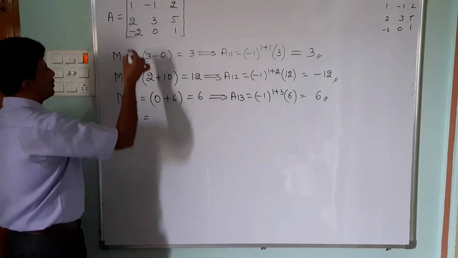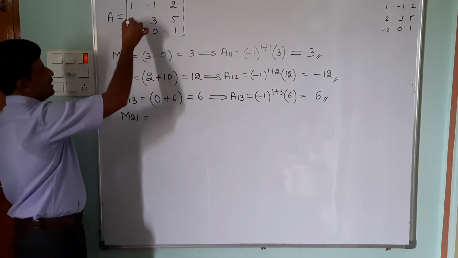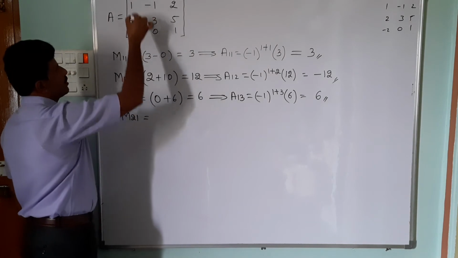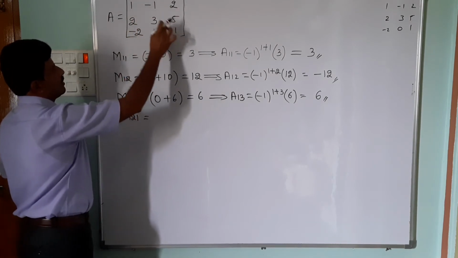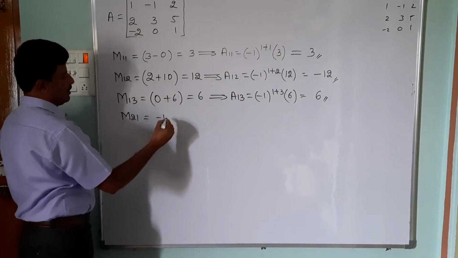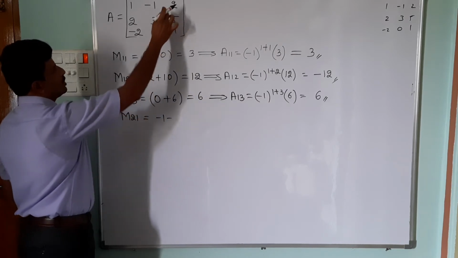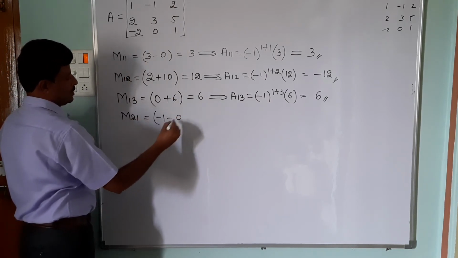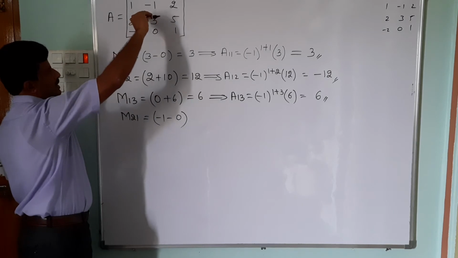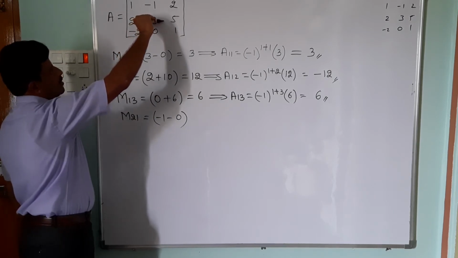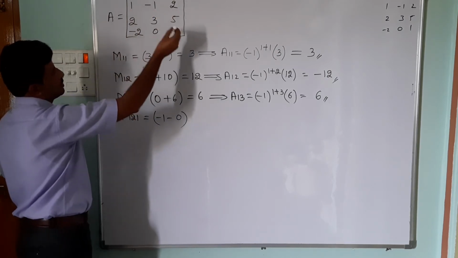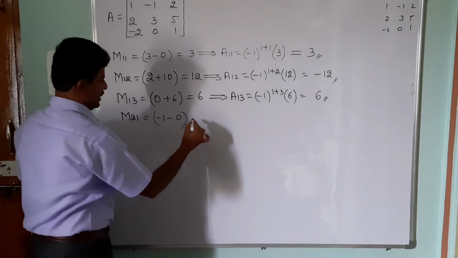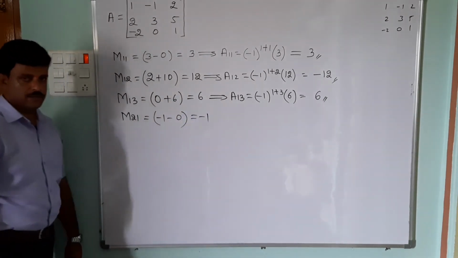Next, M21. M21 means look here: close this column and row, leaving minus 1 2 0 1. Minus 1 into 1 minus 0 into 2 is equal to minus 1.